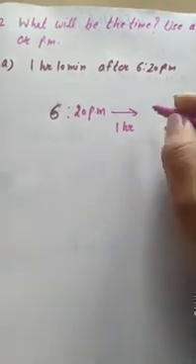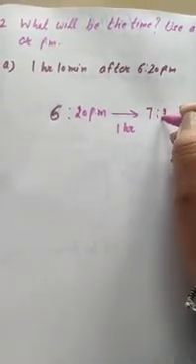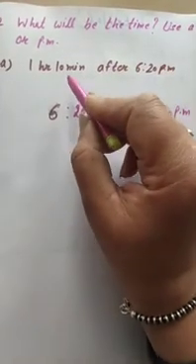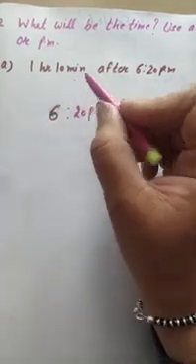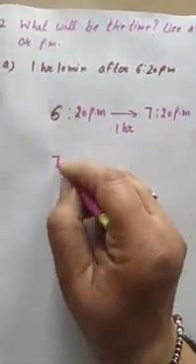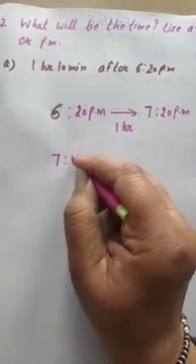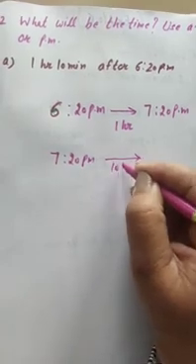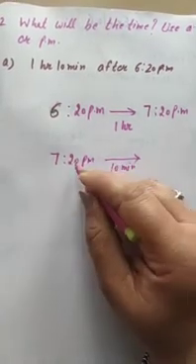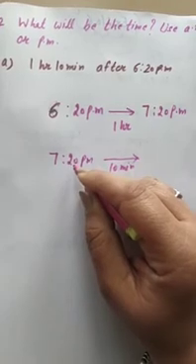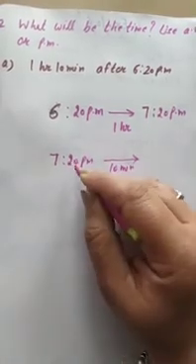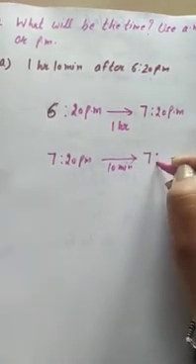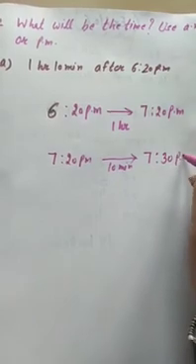After 1 hour the time will be 7:20 pm. Now 10 more minutes are there. So here we will find the time after 10 minutes. 7:20 pm after 10 minutes. Now we add minutes in the minute part, that is 20 minutes. So 10 added to 20 will be 30. So here we find the time 7:30 pm.